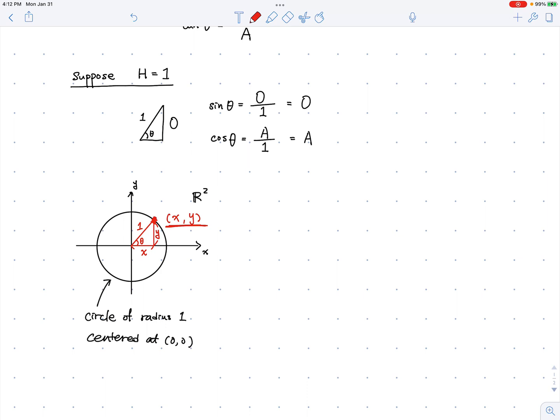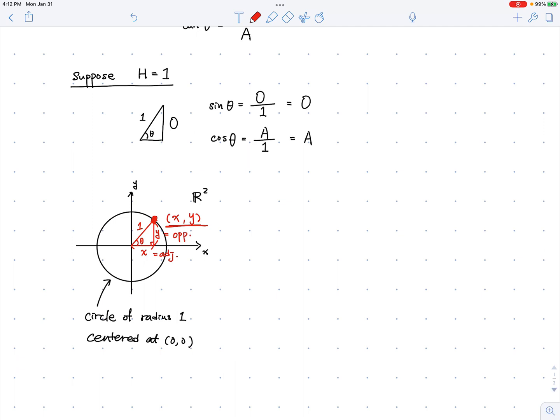So this is from coordinates. A point can be expressed by its coordinates x and y, and you can see here in this right triangle that I just created, x happens to be the adjacent for this right triangle, and y would happen to be the opposite. I don't mean object, opposite.